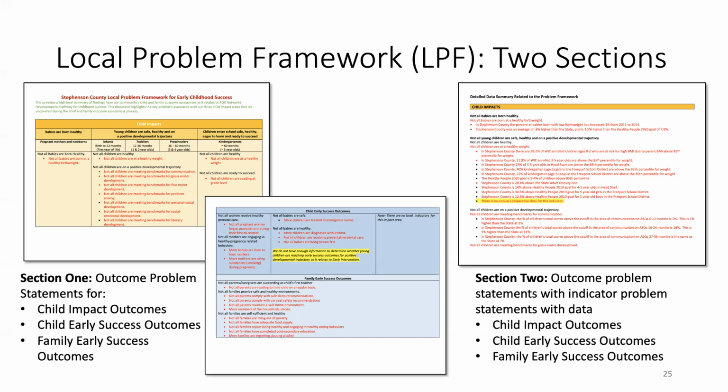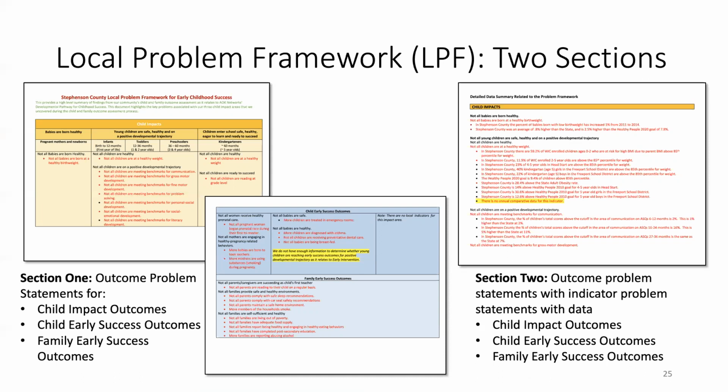And then underneath that, you'll see the two bullets that are the indicator problem statements that give the actual data that we looked at to come to the conclusion that not all babies are born at a healthy birth weight. And then the rest of this document does the same thing for each of the other domains and the outcomes that we found were not being achieved, and it gives that very specific data.